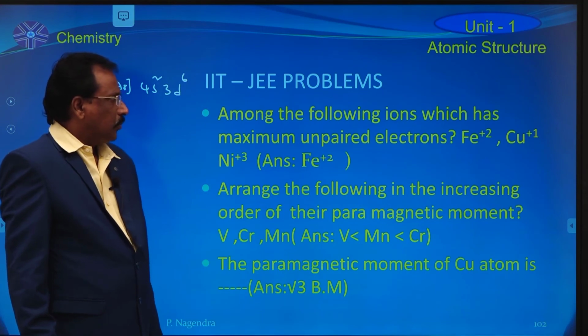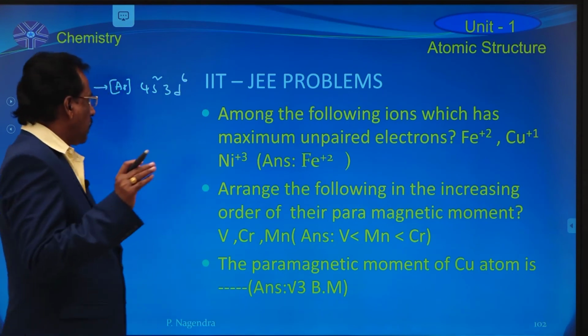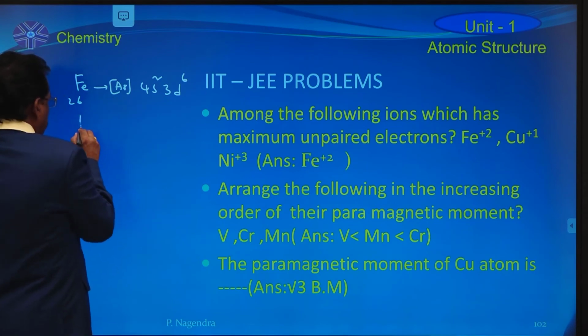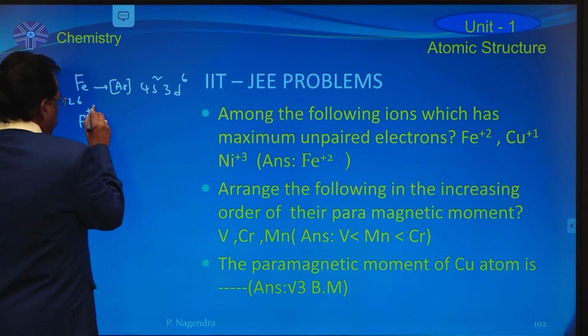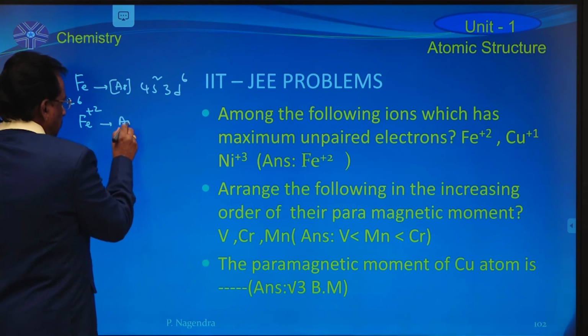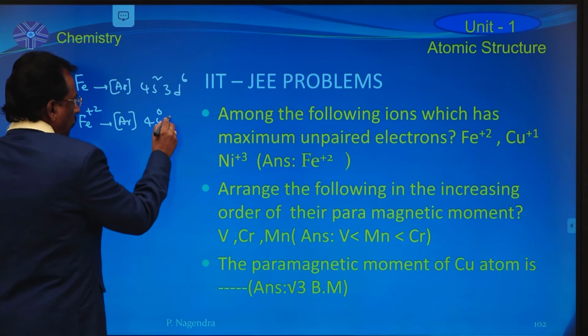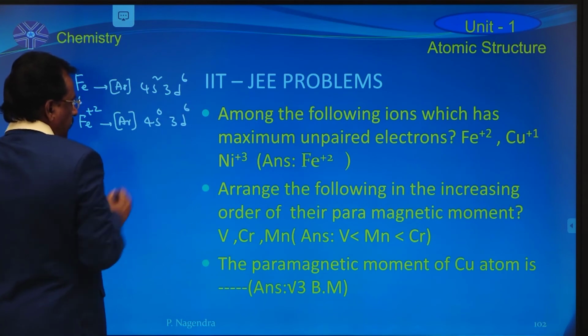Iron plus 2 indicates 2 electrons are removed from 4s. That's why the iron plus 2 configuration is argon 4s0 3d6.